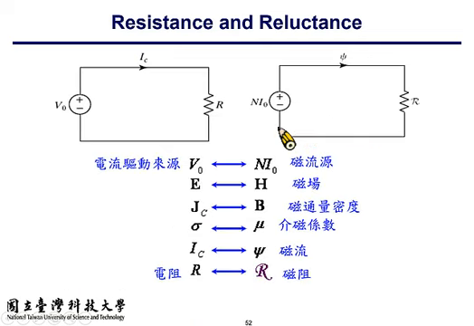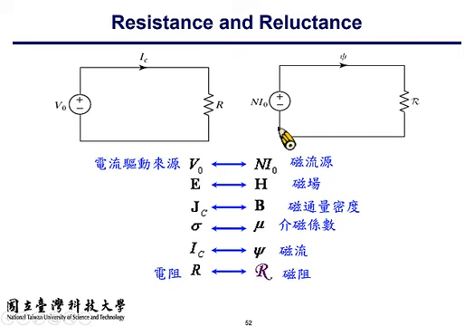Then we can compare the electrical circuit and the magnetic circuit with all the different parameters. In the electrical circuit, the electrical current is driven by voltage V sub 0, and in the magnetic circuit, the magnetic flux is driven by Ni sub 0.